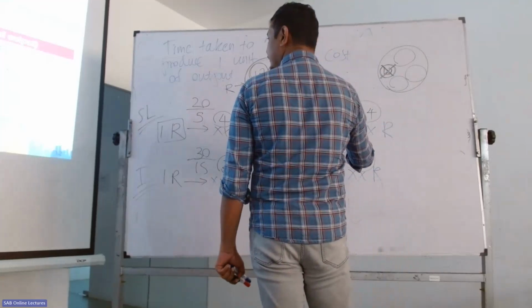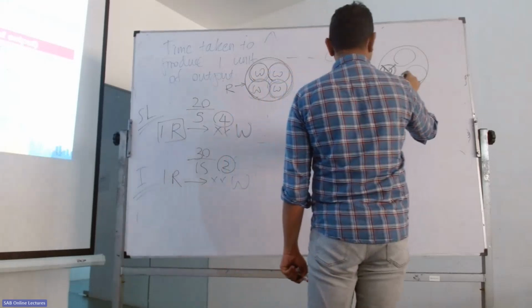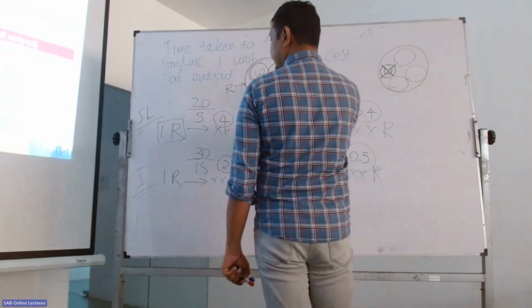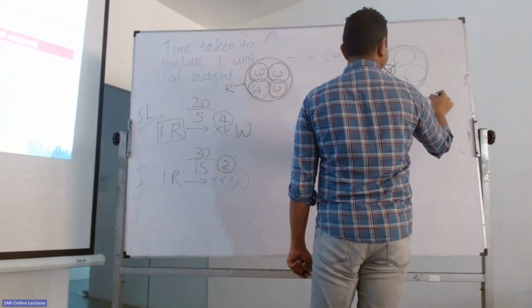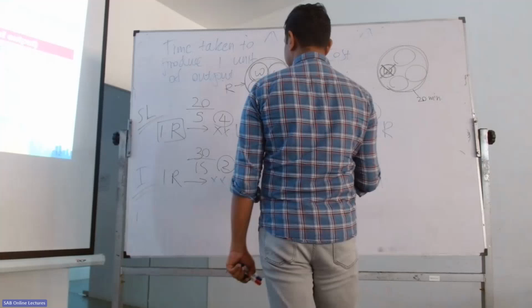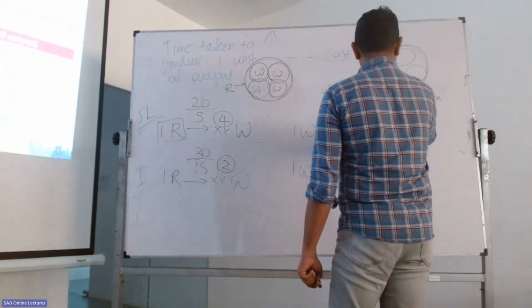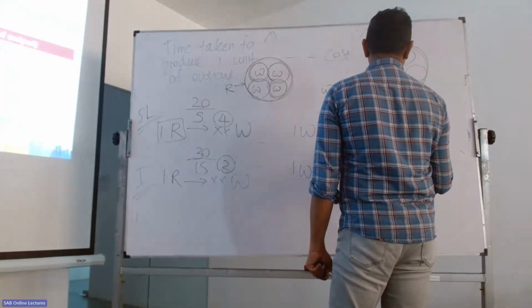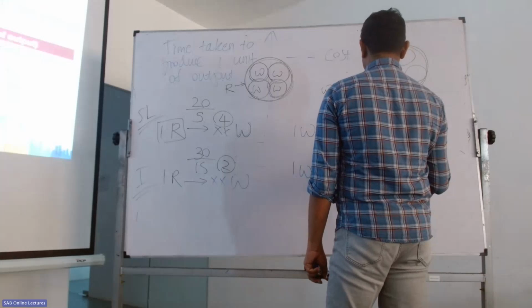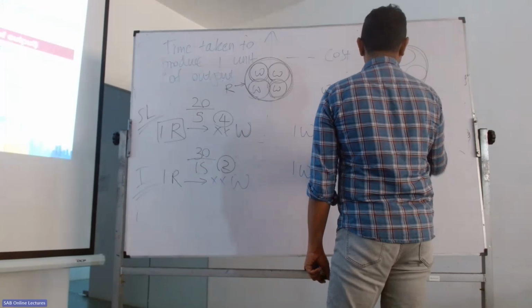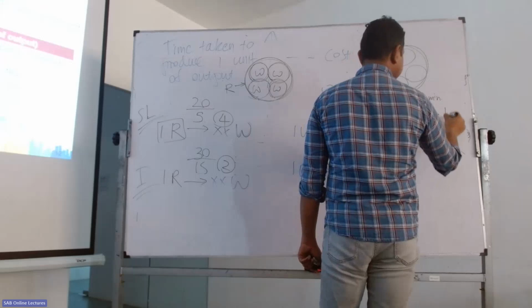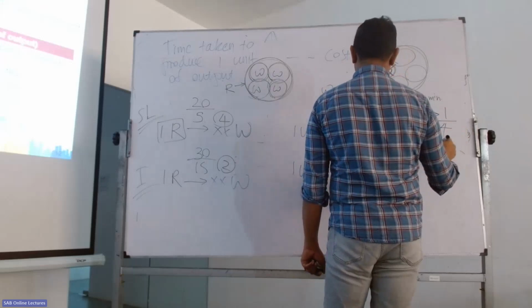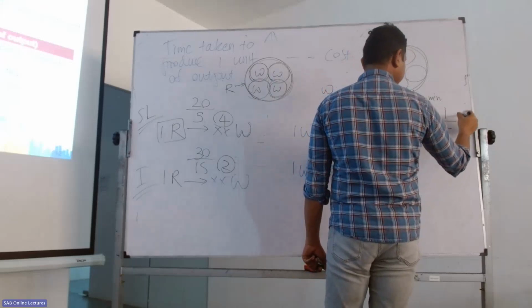To produce 1 bushel of wheat, it requires 5 minutes. To produce one radio, it requires 20 minutes. The opportunity cost of producing one wheat is one fourth. To produce one wheat, India should sacrifice one fourth of a radio.